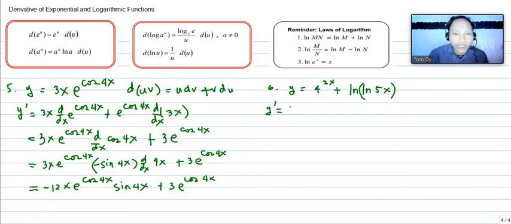So for 4 to the 2x, you just copy your a to the u, and then ln a, our a is 4, and then the derivative of u, the derivative of 2x. And then plus, this one is ln u. Derivative of ln u equals 1 over u du.